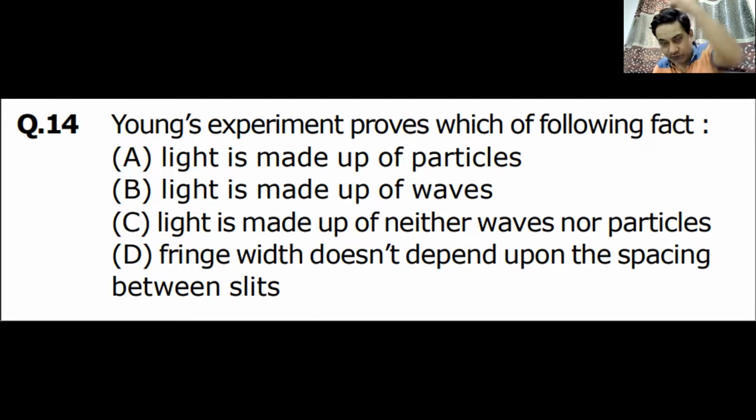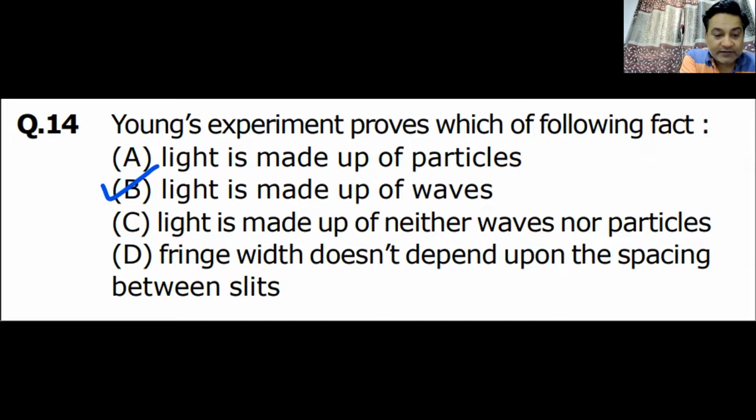Question number 14. B, wave optics. Yes, wave optics. Light is made up of waves. This phenomenon cannot be explained by ray optics or by particle nature, and that is why the name of this chapter is wave optics and not particle optics. Do we understand this?